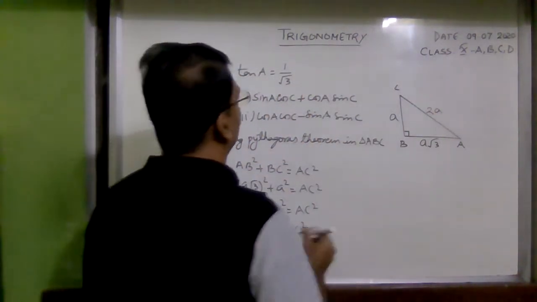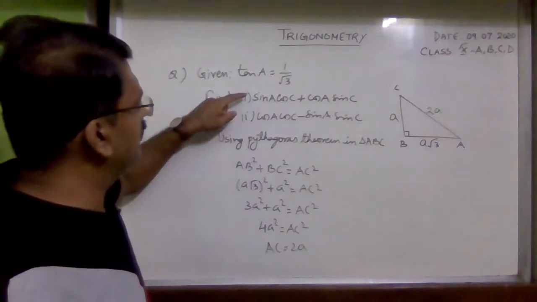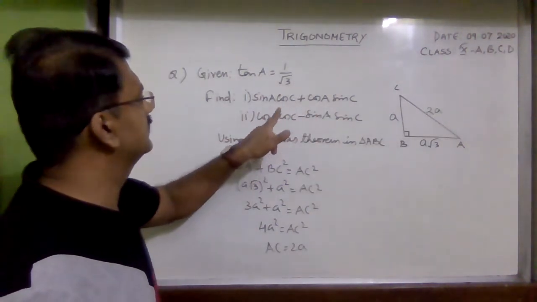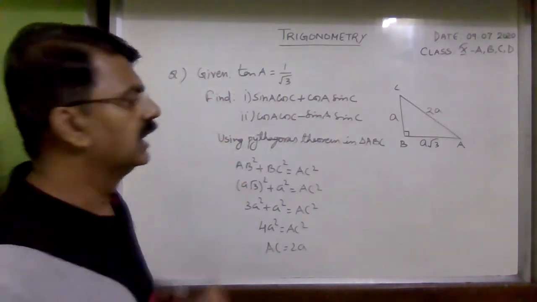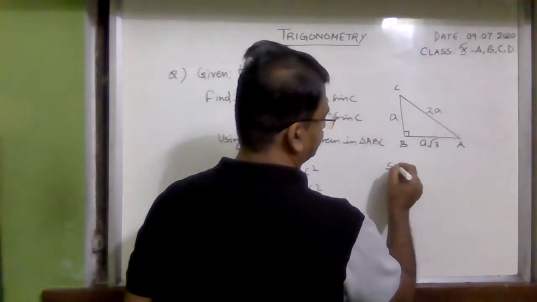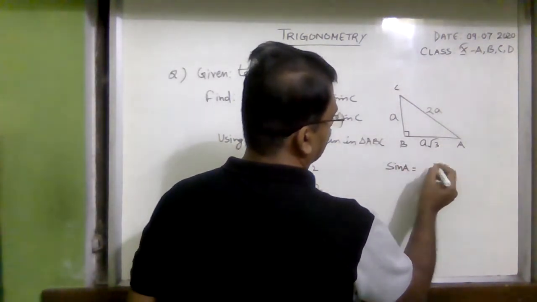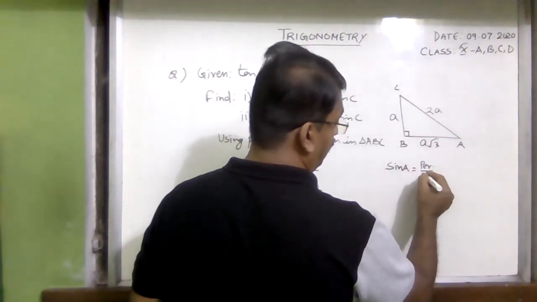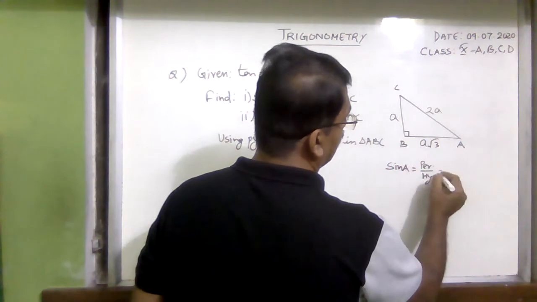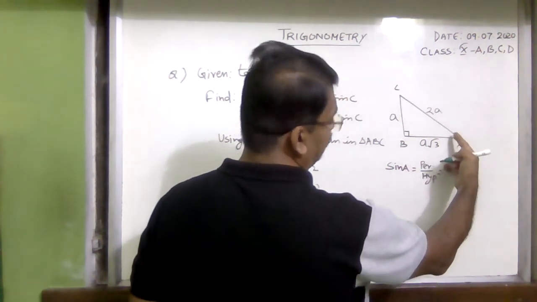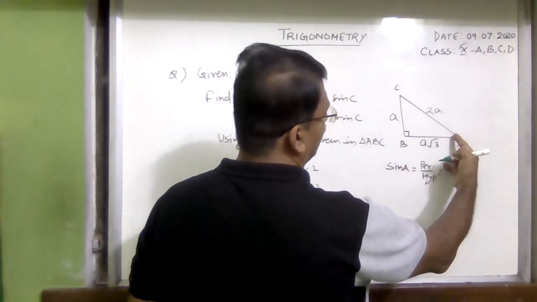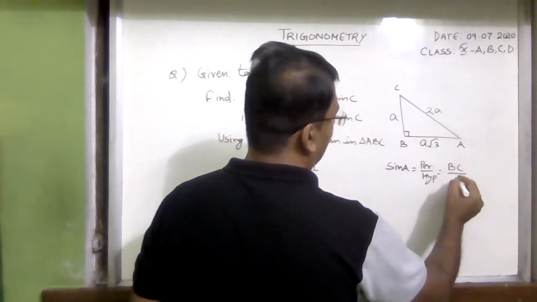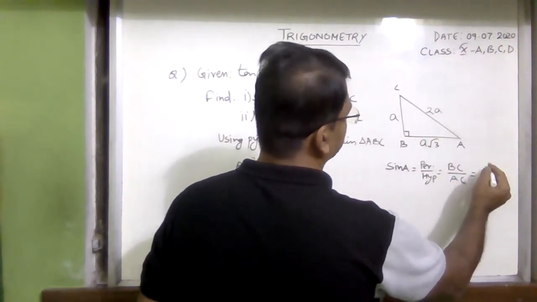Now, first of all, to find the values of these two parts, we need sin A, cos A, sin C, and cos C. So, first of all, sin A, that is perpendicular upon hypotenuse. If I am finding sin A, it means A is the reference angle, then perpendicular is BC, hypotenuse is AC.